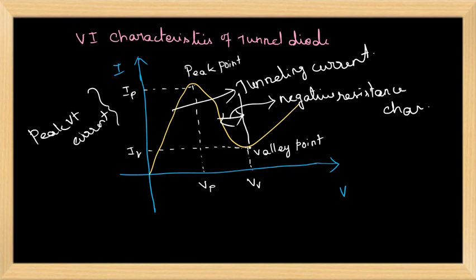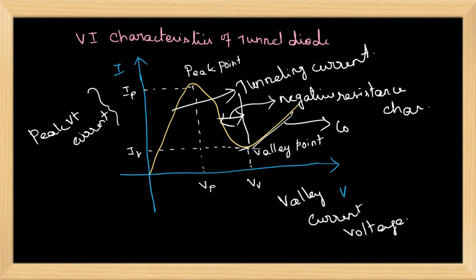That is IV, which we call the valley current, and the valley voltage. After this voltage, the diode starts to behave like a normal diode. So this current is due to the conventional diode current.